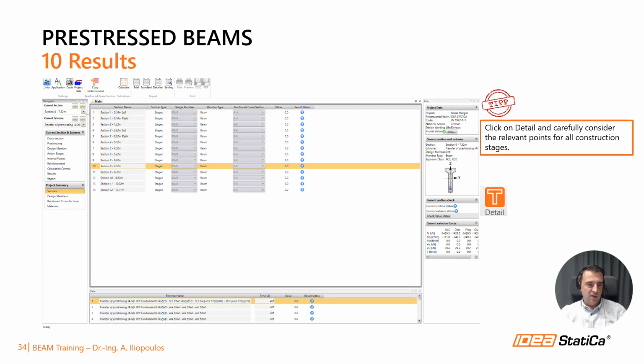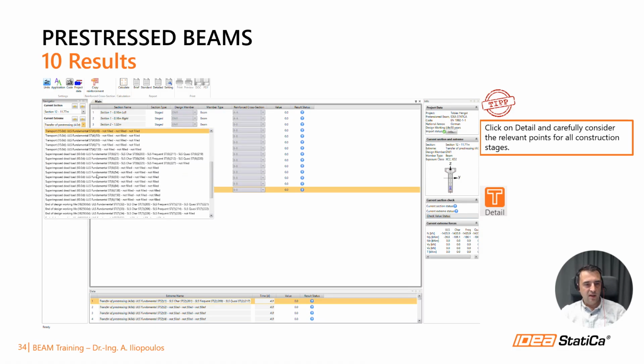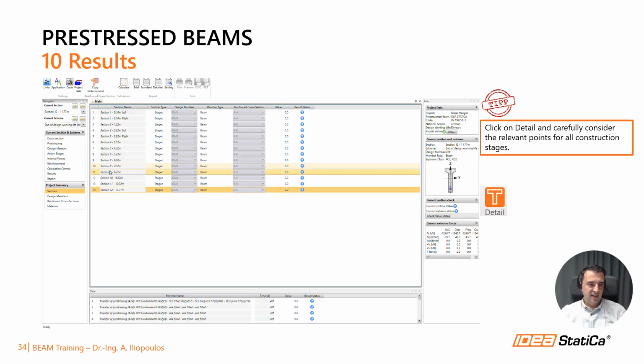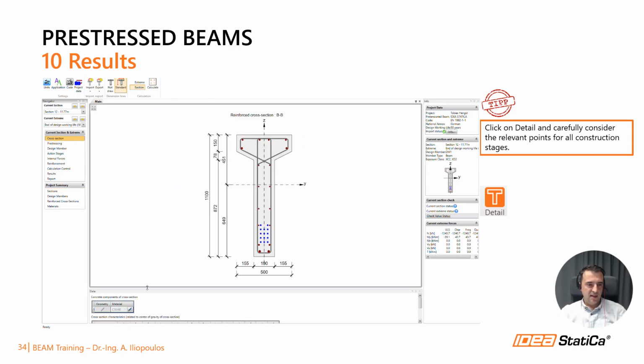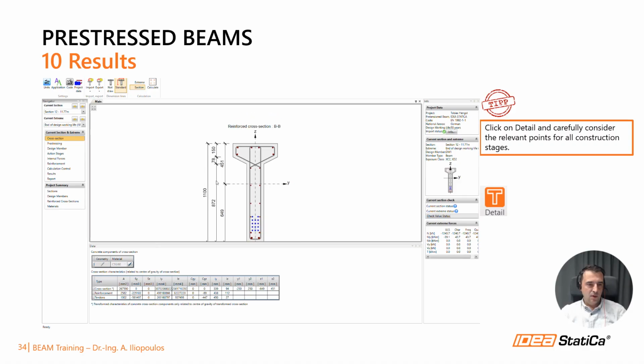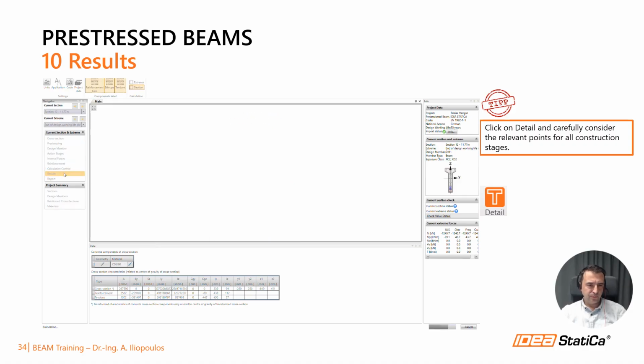There's an option to create a report, and we can also check the results in more detail here. In this window, we can select the section which is of interest to us. We can select the construction stage we are interested in, and then this is the cross section, and then we can display the results.